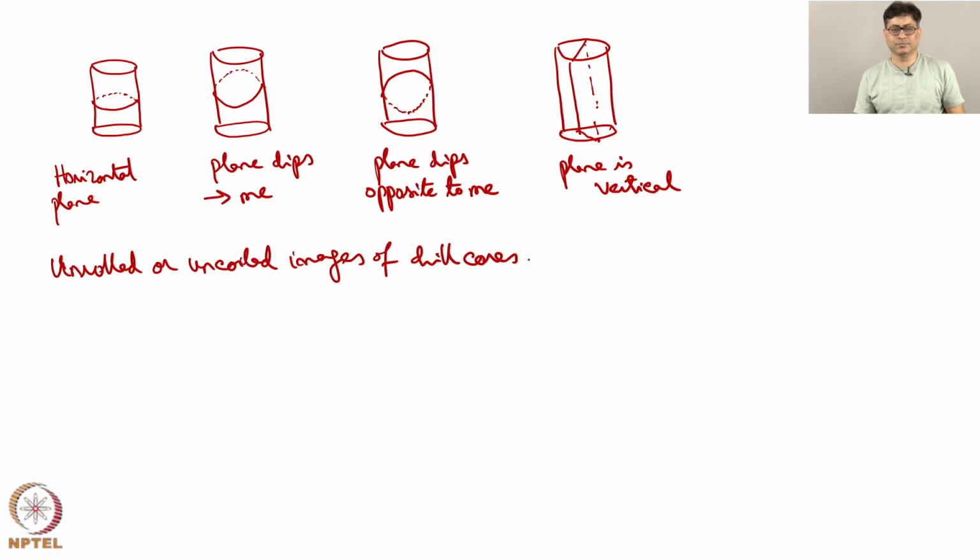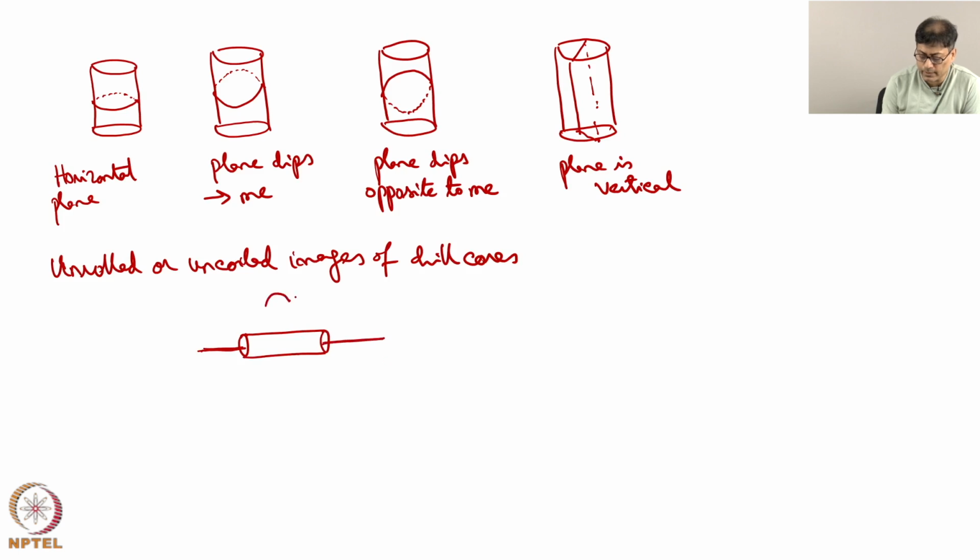I am going to discuss now the unrolled image of drill cores. Let us try to understand. After the drill core is picked up, it can be kept horizontal on a table, and along its axis we can put some rod.